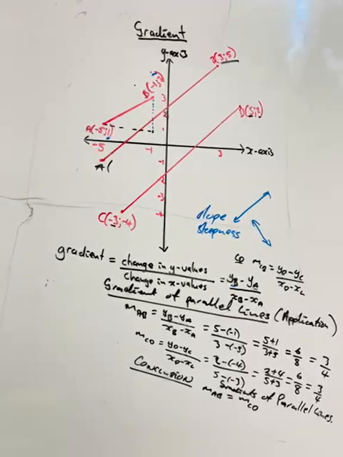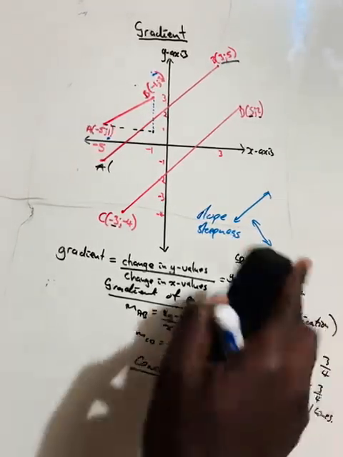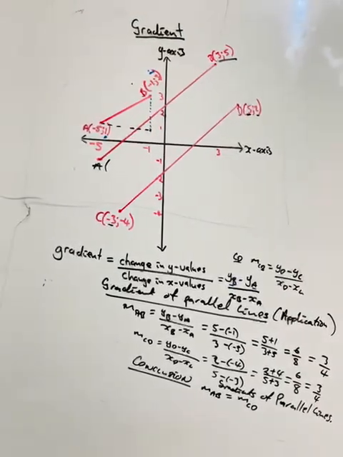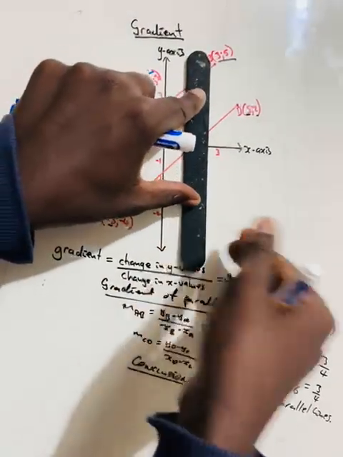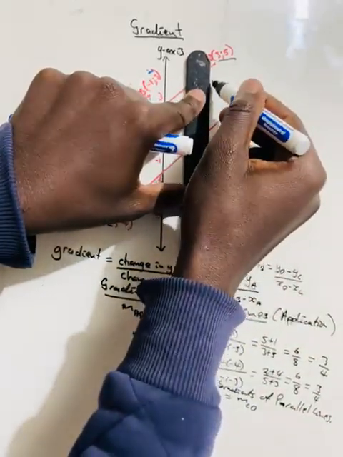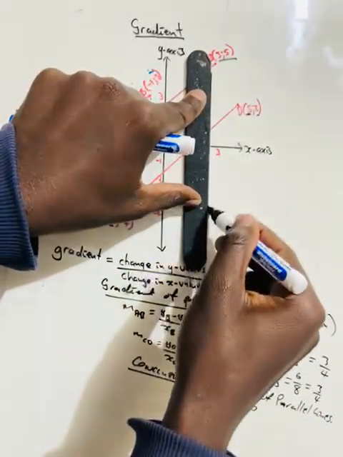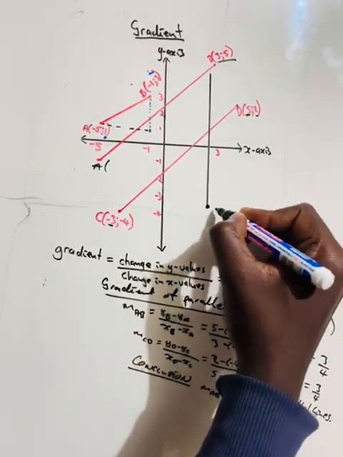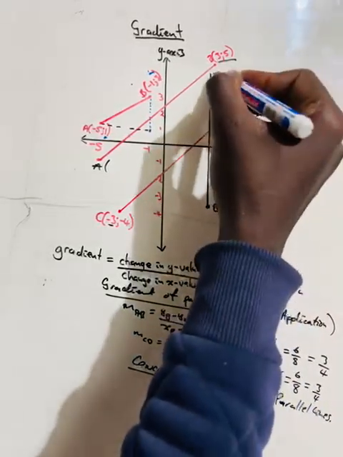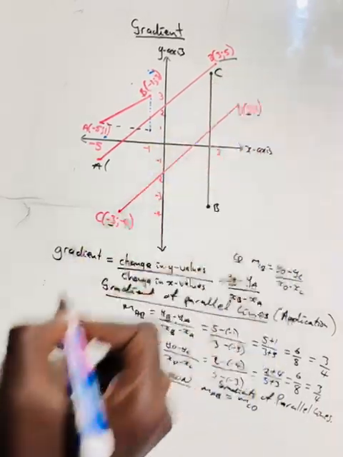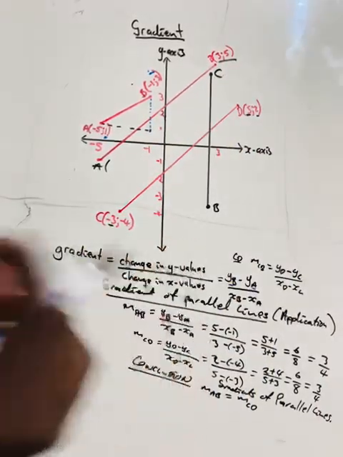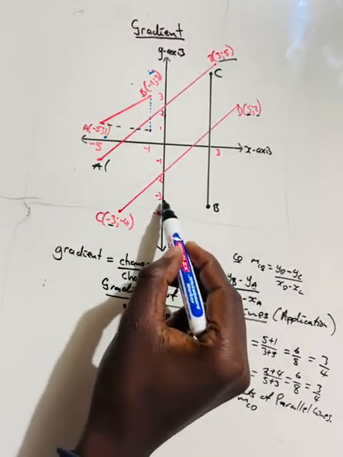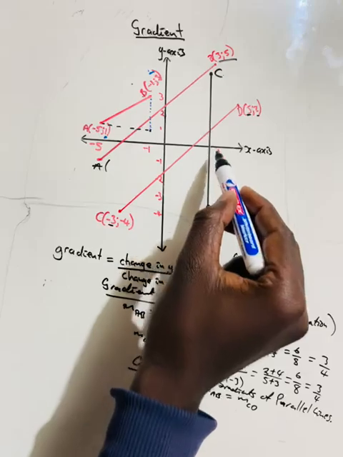If I come here, let me just erase a bit this part. All right. Now, if I draw my line here, there we go. Now, I name this point B, I name this point C, right? Now, what's going to happen here? If you look at this, let's say this is 2.